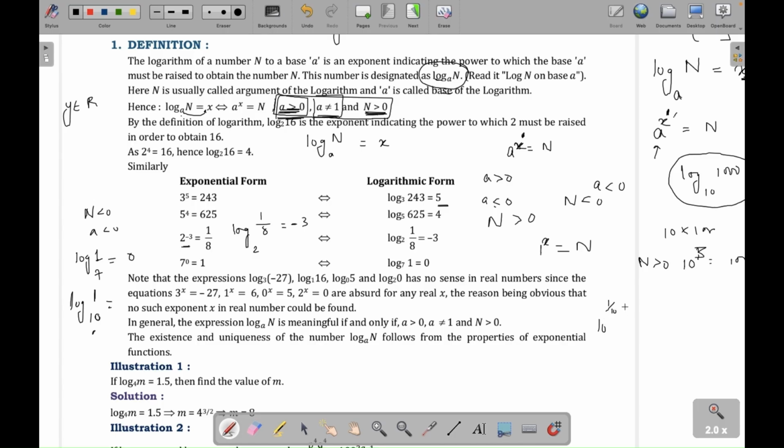It is not equal to 1. Okay, so ask yourself this question. 10 to the power question mark is equal to 1. Minus? No. 10 to the power minus 1 will be 1 upon 10.